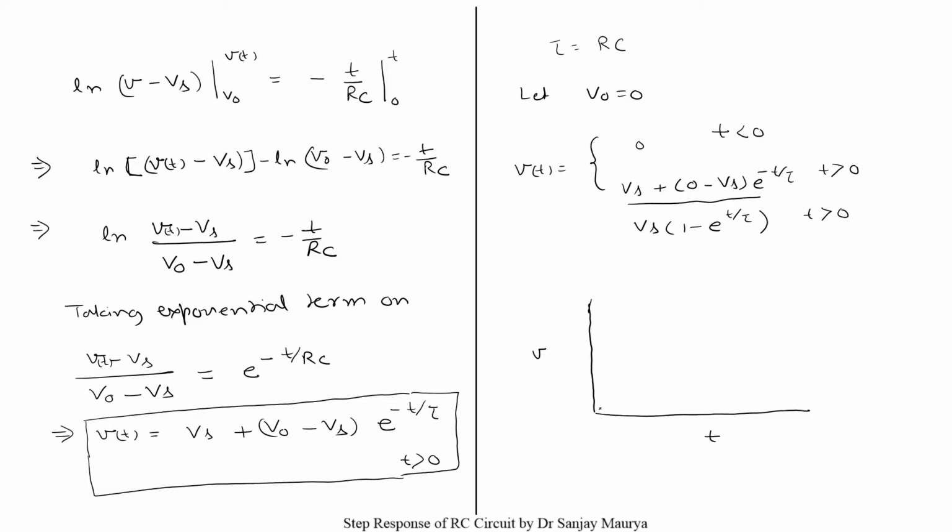The capacitor voltage is building up, and it will go up to the Vs level, that is, the source voltage level.